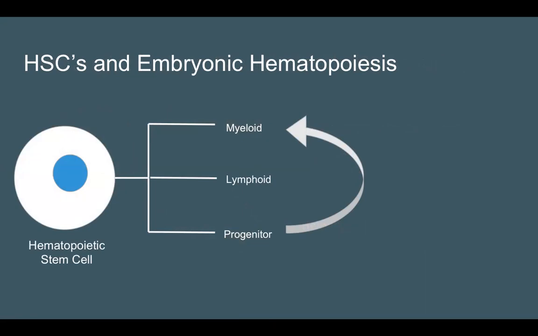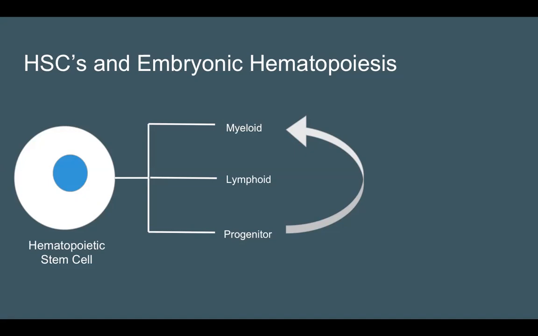There are going to be 3 categories of cells that are derived from these hematopoietic stem cells through this process of hematopoiesis. Those cell types are myeloid, lymphoid, and progenitor cells. The myeloid cells are going to be the majority of the components in your blood, including your erythrocytes, your platelets, and your innate immune cells, like your neutrophils, macrophages, monocytes, stuff like that.